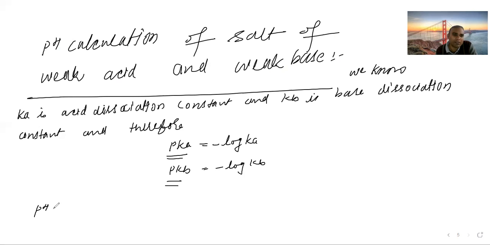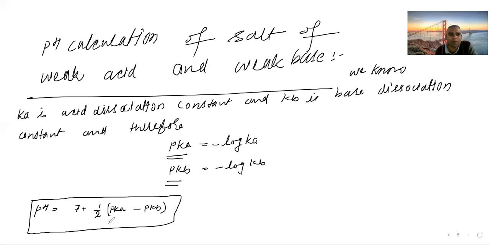So pH is equal to 7 plus 1 by 2 (pKa minus pKb). How do we calculate pH? This is the formula, a very small formula.